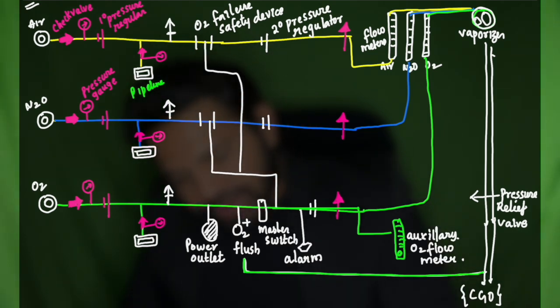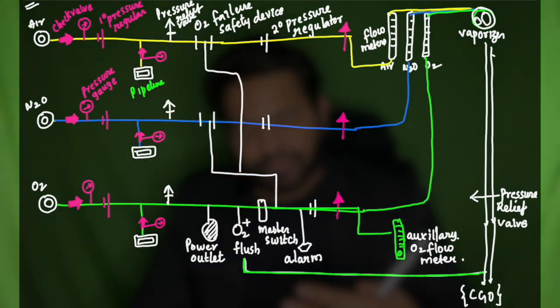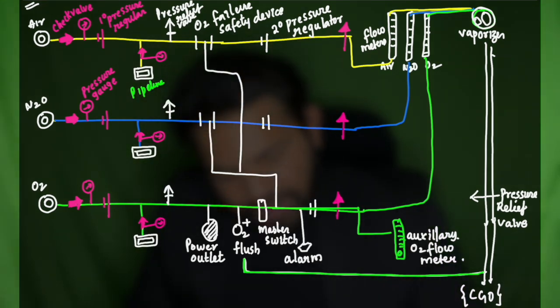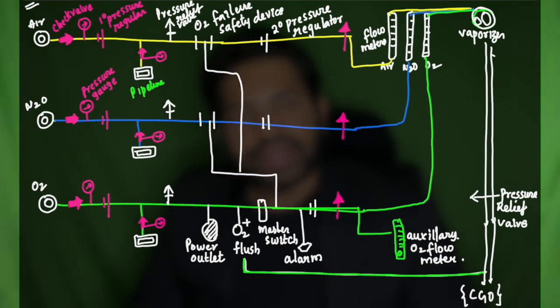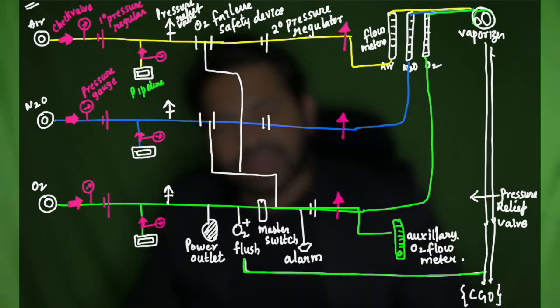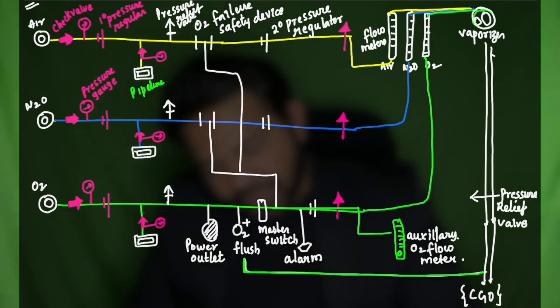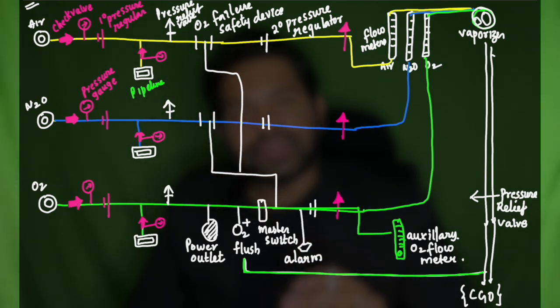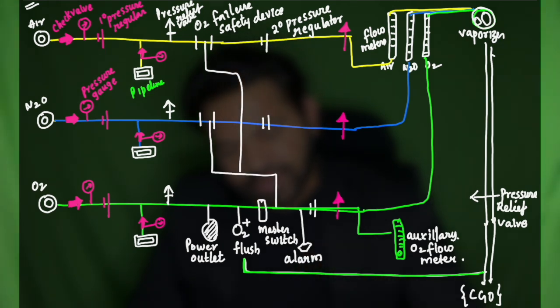Then we have a pressure relief valve for each gas. Then we have power outlet, oxygen flush, master switch and oxygen failure alarm for the oxygen. Then oxygen is connected with all other gases. Okay, there is oxygen failure safety device for nitrous oxide.